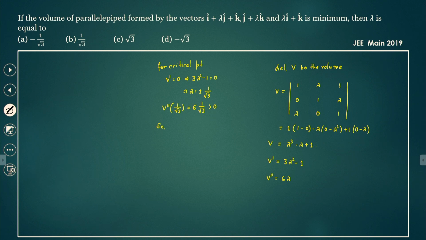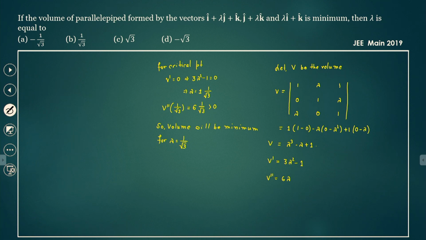So the volume will be minimum for lambda equal to plus 1 by root 3.